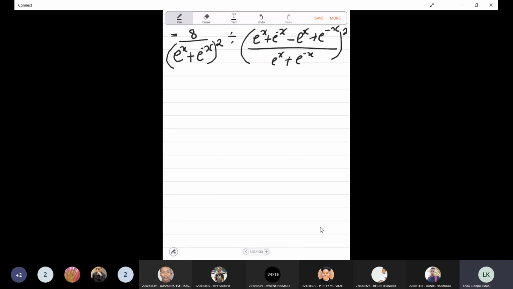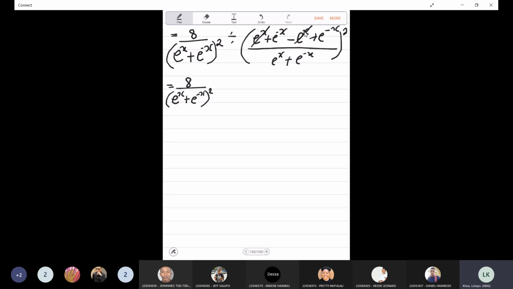Okay, then it still has to be squared. So here you can see that the e to the x will cancel. So this one and that one will cancel. So I'm left with 8 over e to the x plus e to the minus x squared.